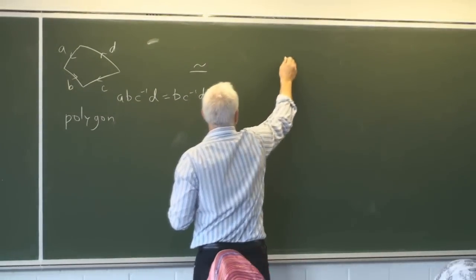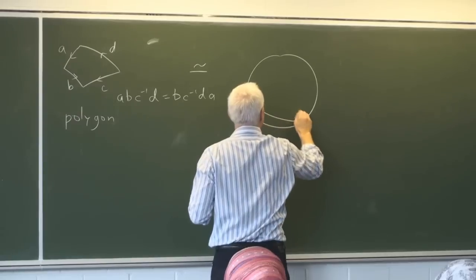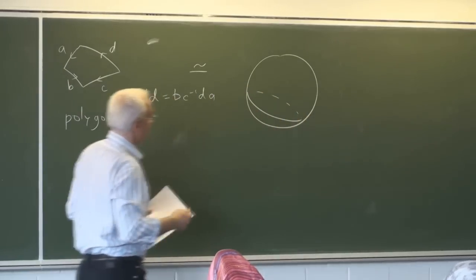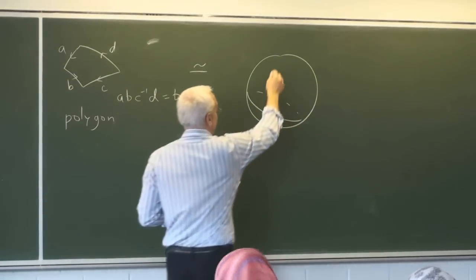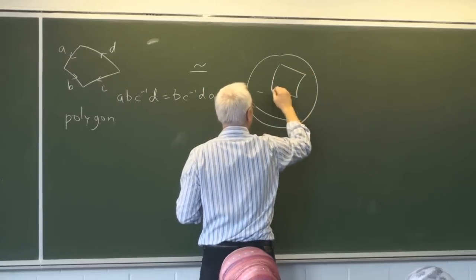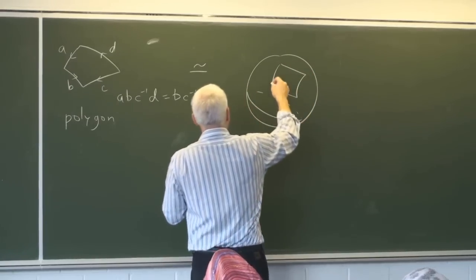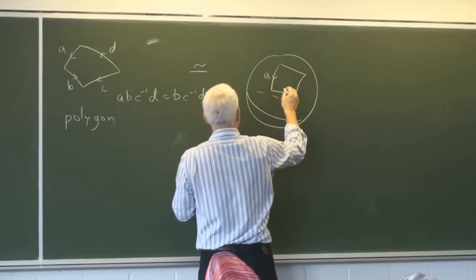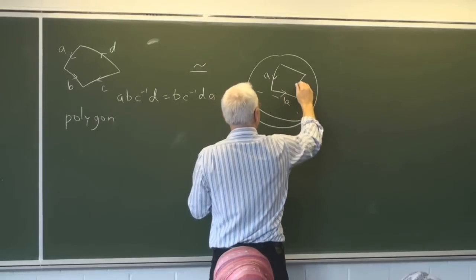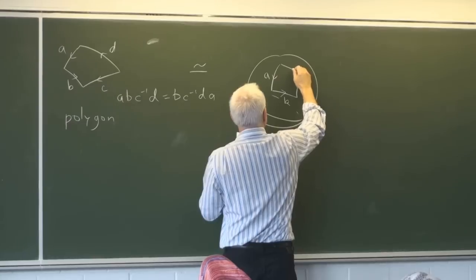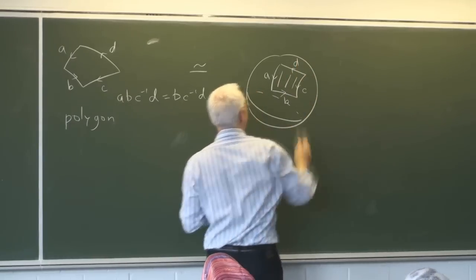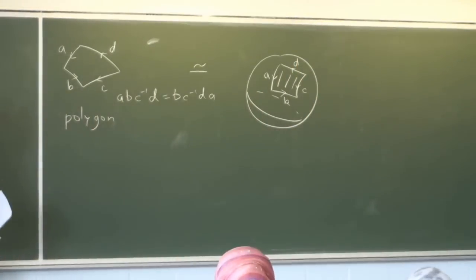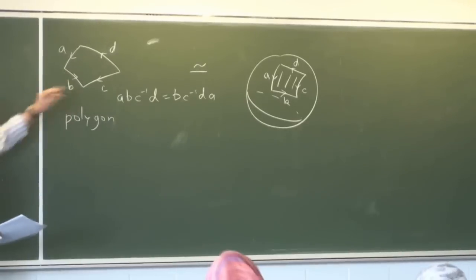So it's really the same, but we're just looking at that polygonal piece in a different way. We're now thinking of it as a sphere with a big hole in it. And the hole will be oriented just the same way that the polygon was. A, B, C, D. This is now a hole on a sphere instead of a polygon.